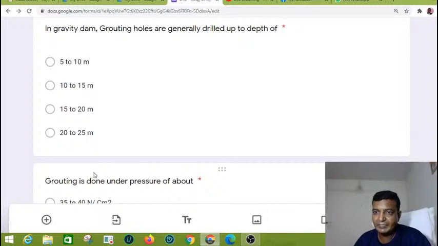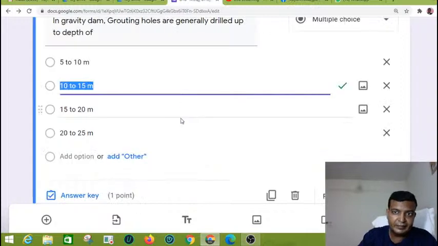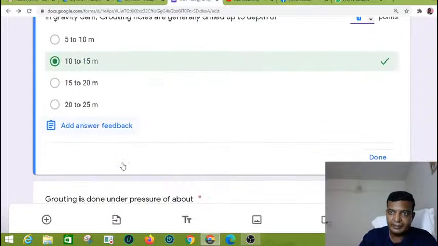Write in the chat box fast. 10 to 15 meter is the right answer. Yes. Right answer.